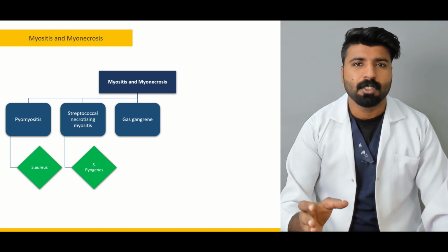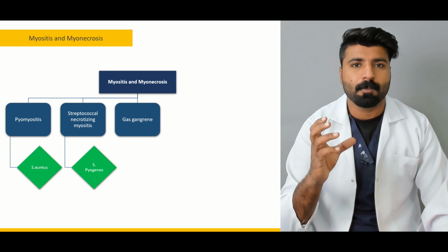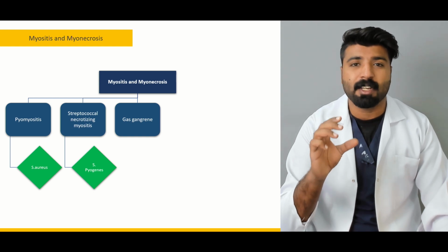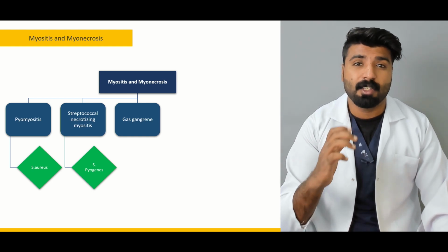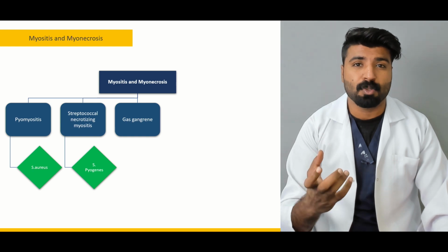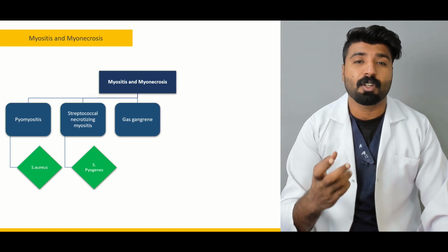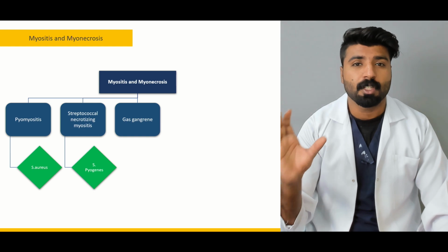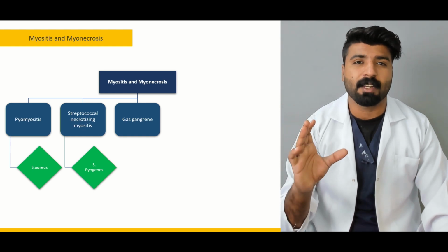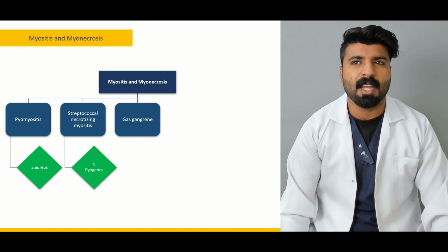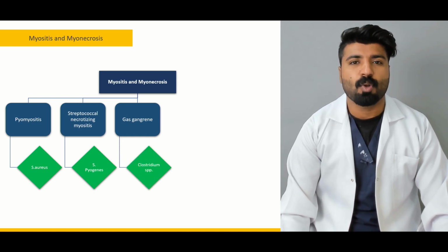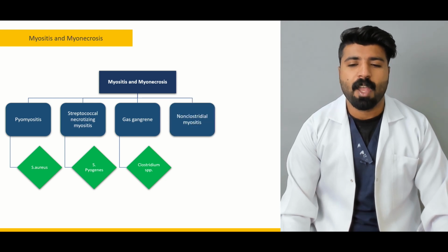There's some blockage, then that area is subjected to ischemia, that area is not getting enough blood supply, and then those bacteria come in and produce those gases, and gangrene that was already being produced now becomes gas gangrene. What gases will be produced? Basically hydrogen. And this will lead to the formation of gas gangrene, and it is caused by what? Clostridium species.